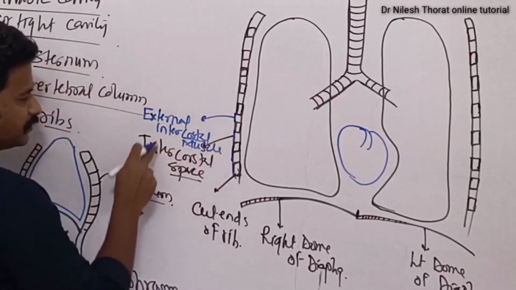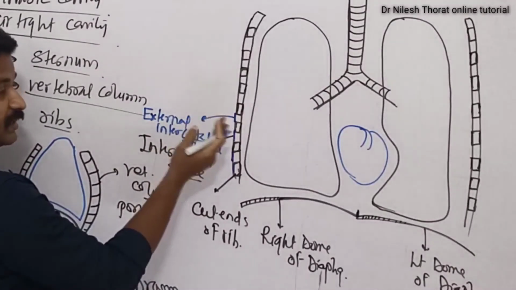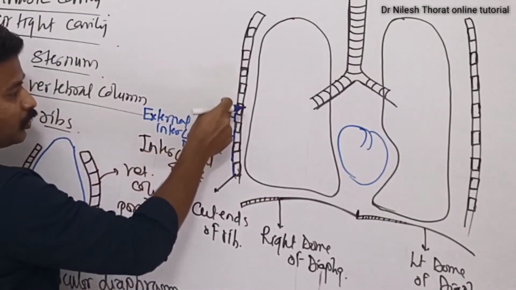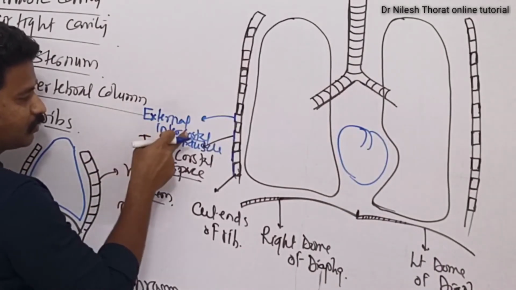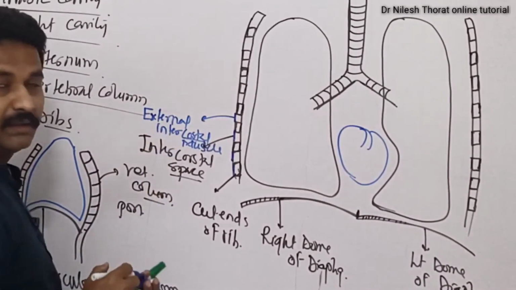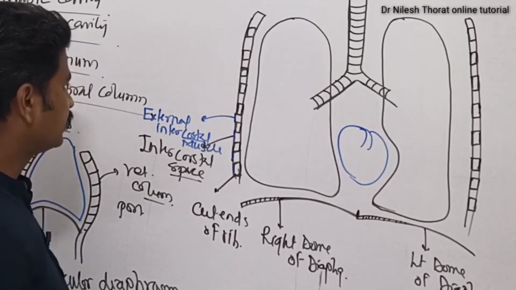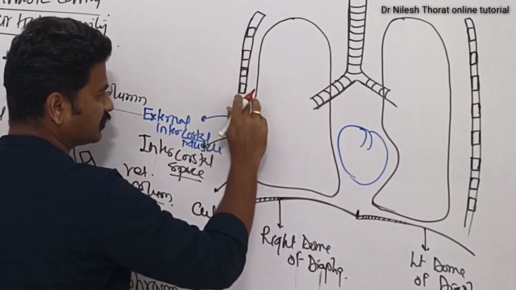Costa means rib. So this muscle is present on the external side, बाहर की तरफ है और दो ribs के बीच में है, इसीलिए इसको बोला external intercostal muscle. While on the interior side these ribs are connected at this point.